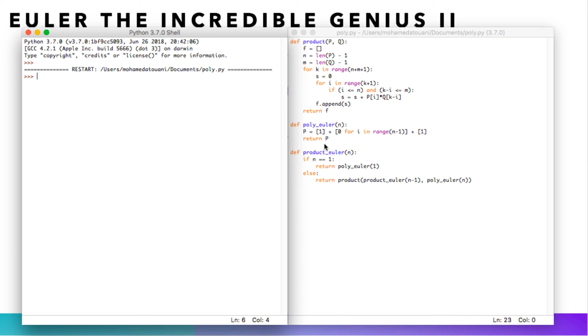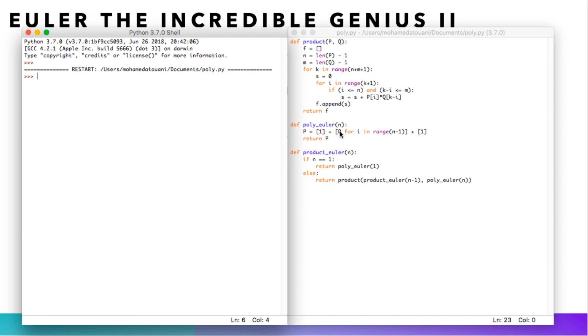Now here I wrote another computer program which returns the polynomial: 1 plus x for n equals 1, 1 plus x squared for n equals 2, 1 plus x cubed for n equals 3, and so on and so forth. I remind you that a polynomial is only a list of its coefficients, so 1 plus x squared, for instance, is 1, 0, 1, because 1 is the constant, then 0 is in front of x, and another 1 in front of x squared.